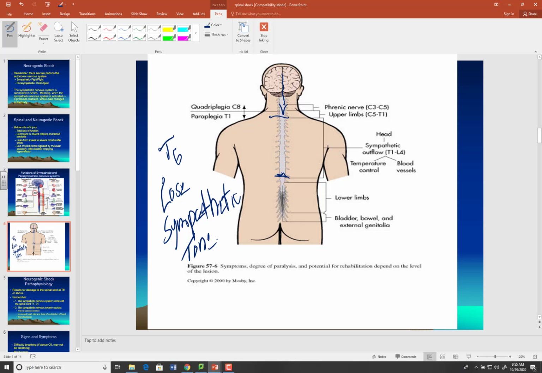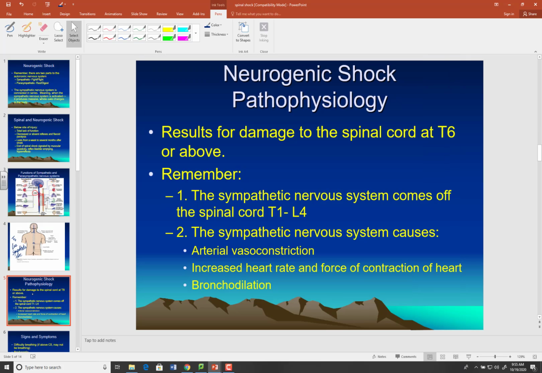Now, let's look at this for a minute, right? The sympathetic nervous system, when it's activated, causes arterial vasoconstriction, right? And it causes it primarily everywhere. It also affects the heart by increasing your heart rate and the force of contraction of the heart. And it also causes bronchodilation, right? So think about it. You want your bronchioles open when you're going to run or fight for your life because you got to get more air in.